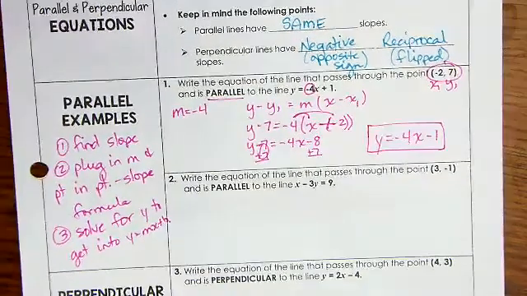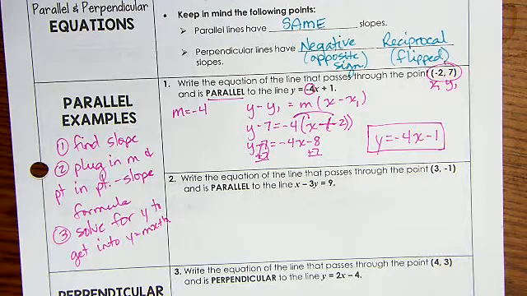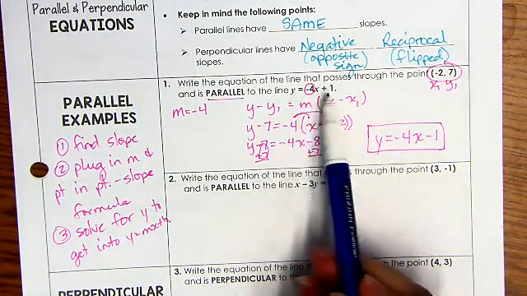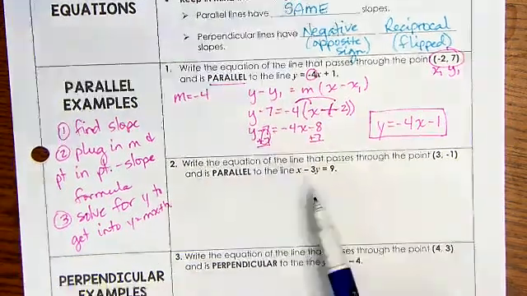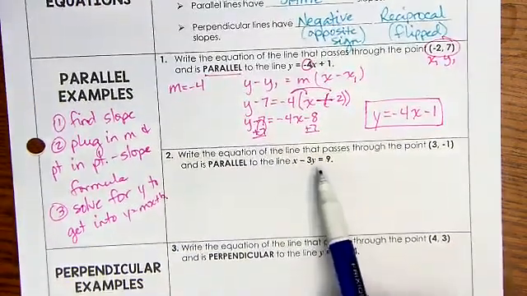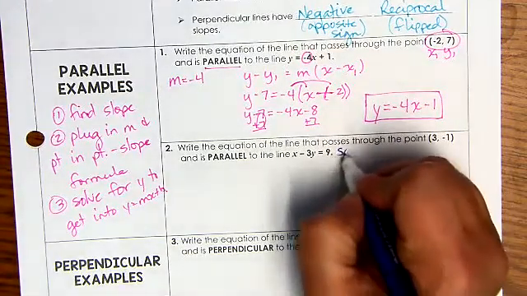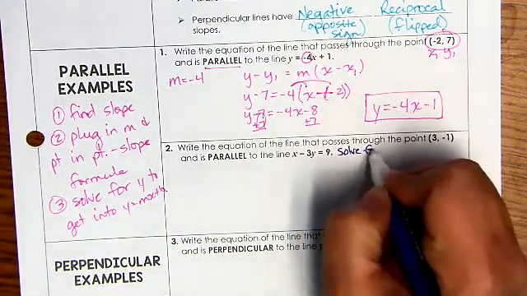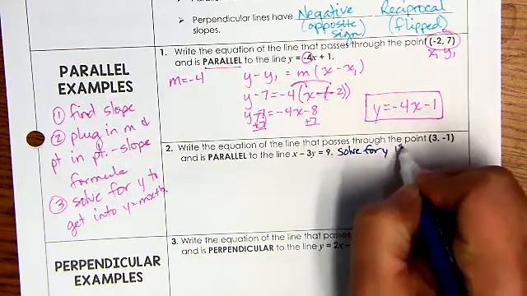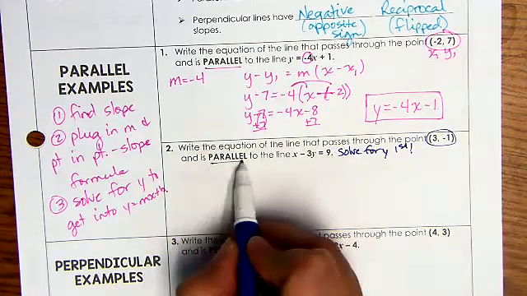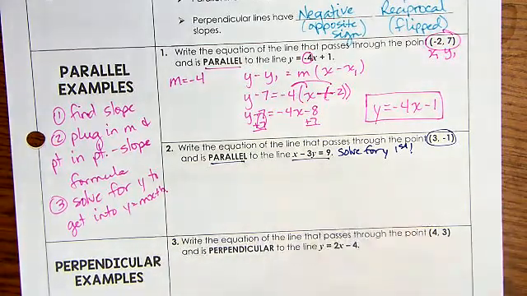All righty, here we go. Number 2, we're adding just a little bit more. This one was very nicely written in y equals mx plus b already, so it was easy to pull out. Number 2 is written in standard form, so here we have to solve for y first. We're given a point, and we want it parallel to this equation.